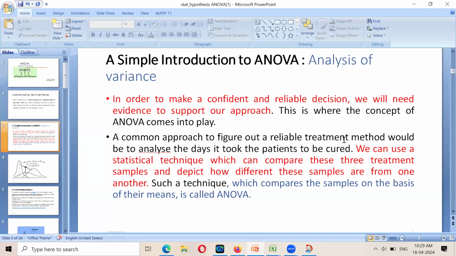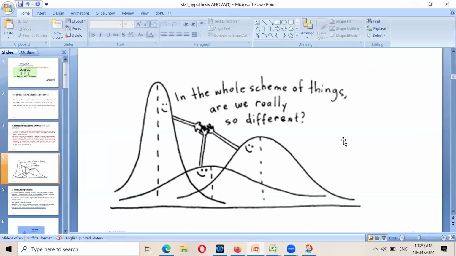So to support the hypothesis strongly, the ANOVA test is computed. The result of ANOVA will strongly help you decide whether to go with the null hypothesis or reject it.